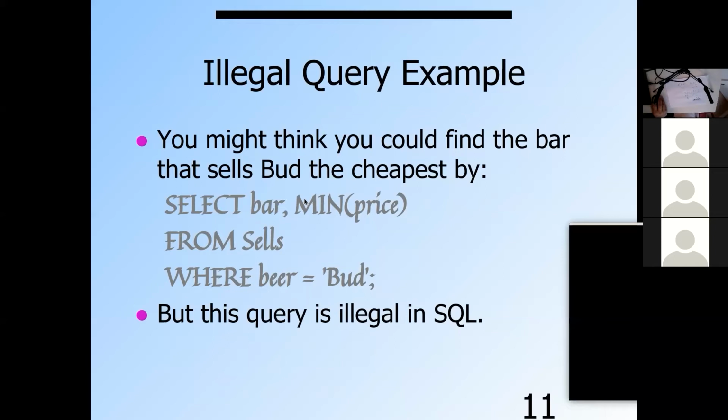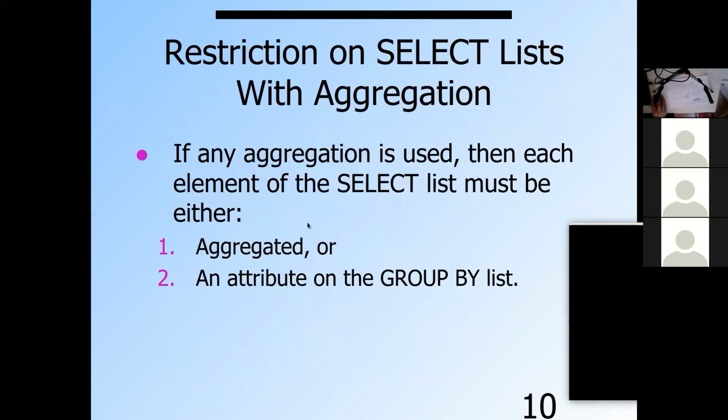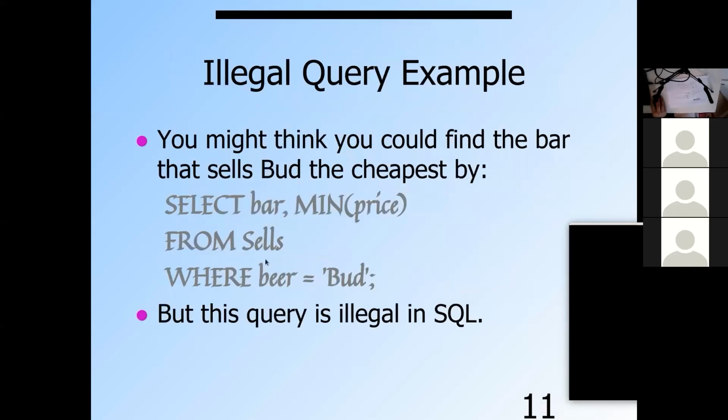We'll see what PostgreSQL says as a complaint, but it won't like it. I hope people can understand why: if aggregation is used, each element of the select list must either be aggregated, or be an attribute in the group by list. Bar is neither, so it's a no-no. It's illegal.